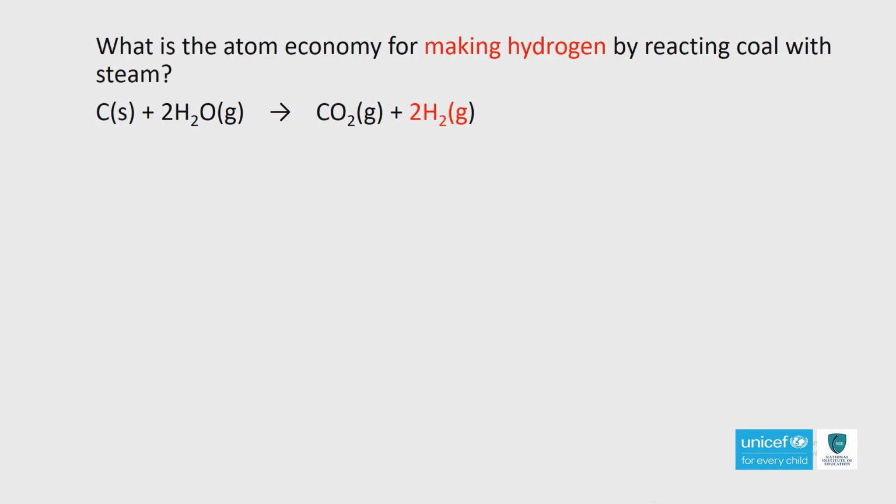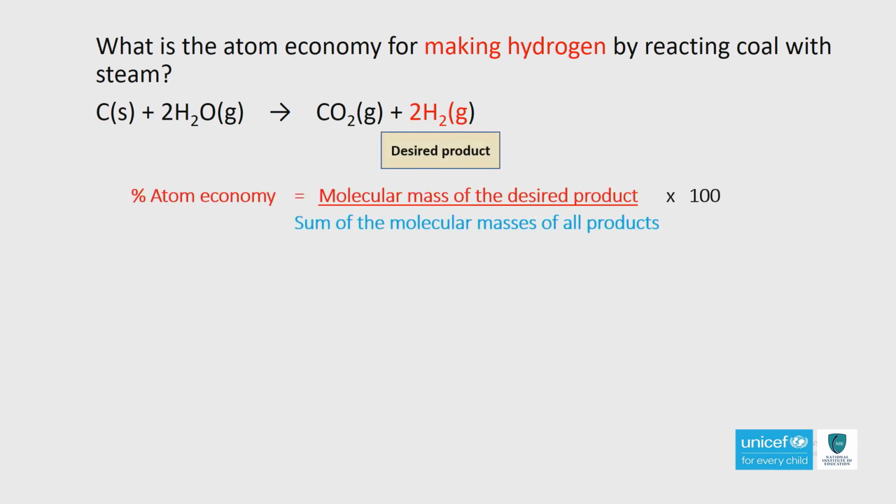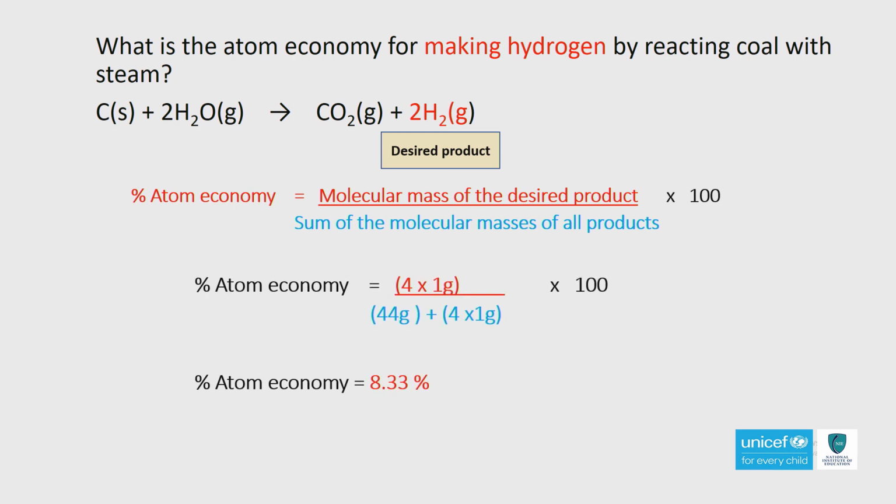A simple calculation in this one, we have hydrogen as the desired product. In working out the calculation, we have atom economy, molecular mass of desired product over the total mass of all products. Calculate the mass here, 4 times 1, and mass of carbon dioxide, mass of hydrogen, all added together.